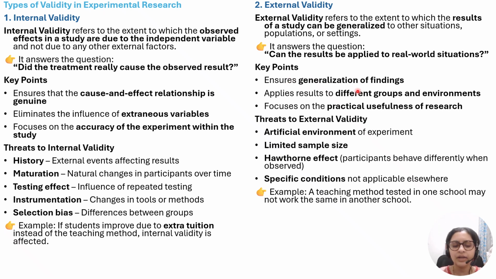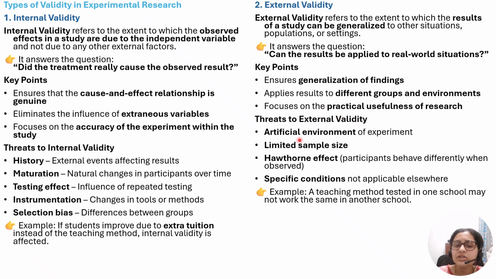Generalization means that you are applying your research to various things. It applies results to different groups and environments. It focuses on practical usefulness of research. Internal validity is not focusing on practical usefulness, but external validity's main focus is on practical usefulness.